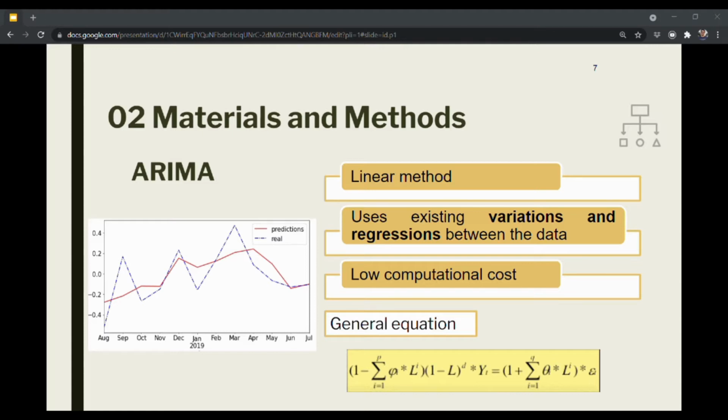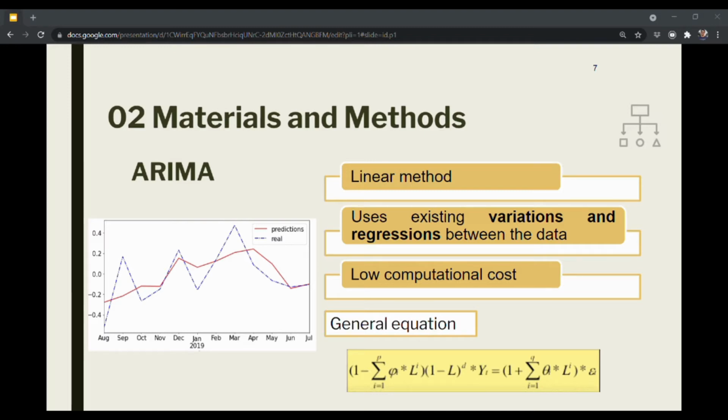This model uses the existing variations and regressions across the data to determine the intrinsic patterns in the series, and from then it can perform the forecast task. This model is characterized by its low computational cost while its performance depends on few parameter settings. To quantify its performance, errors must be estimated period by period once the model is fed the data.